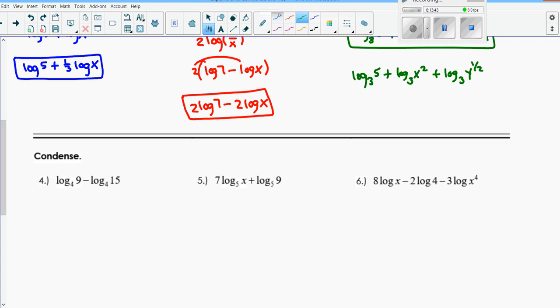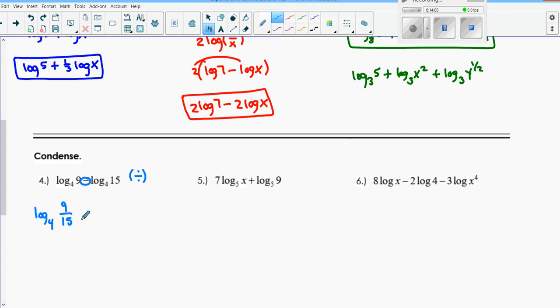Okay, when I condense, I want to now go the opposite way, and I want to say, hey, I see subtraction here, and I see that I have log base 4 in both, so that means that I can combine those with division. So since they're both log base 4, then I can say log base 4 of 9 divided by 15.